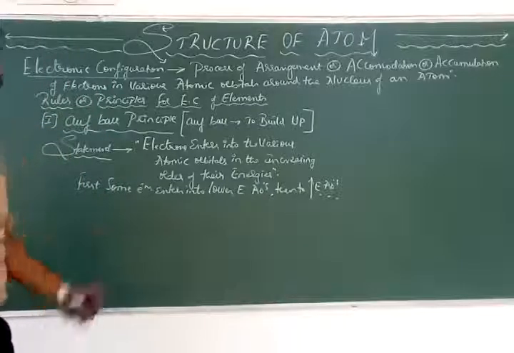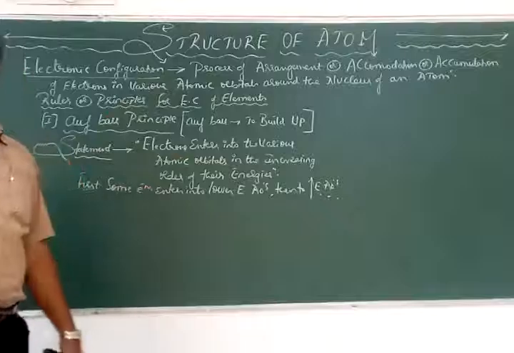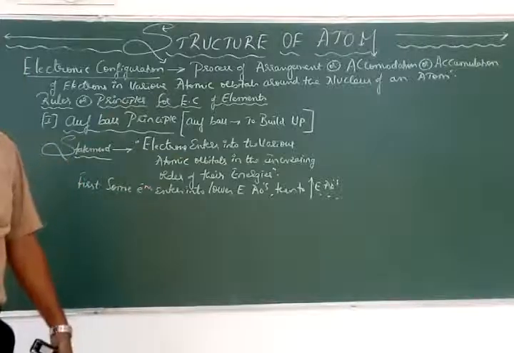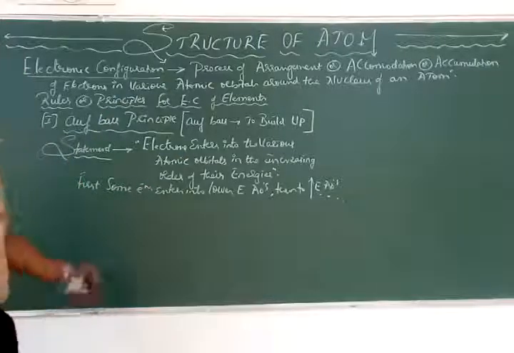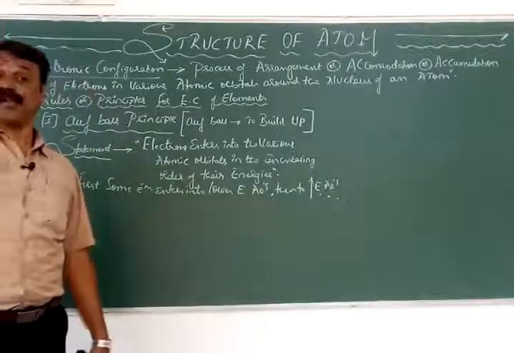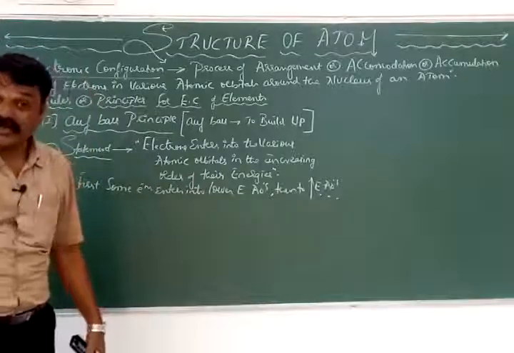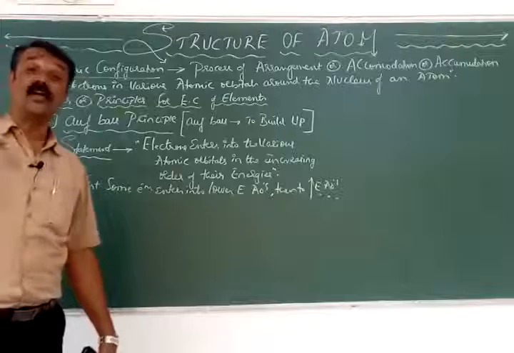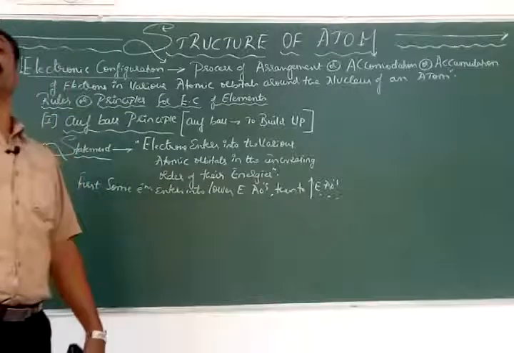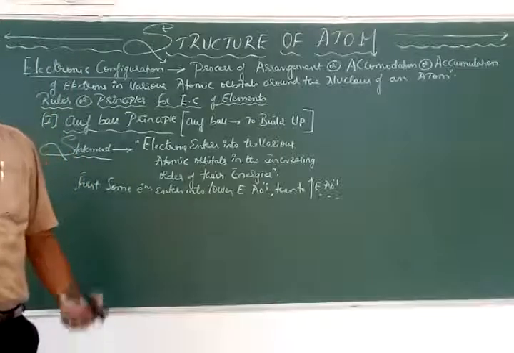So that is a statement according to which principle? The above principle. It means the electrons enter the various atomic orbitals always in the increasing order of their respective energies. The electrons first enter the lower energy atomic orbitals, then the higher energy, and still higher energy atomic orbitals.